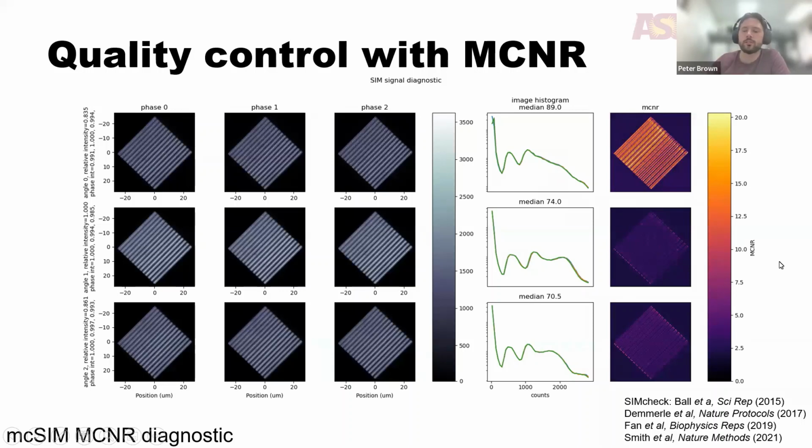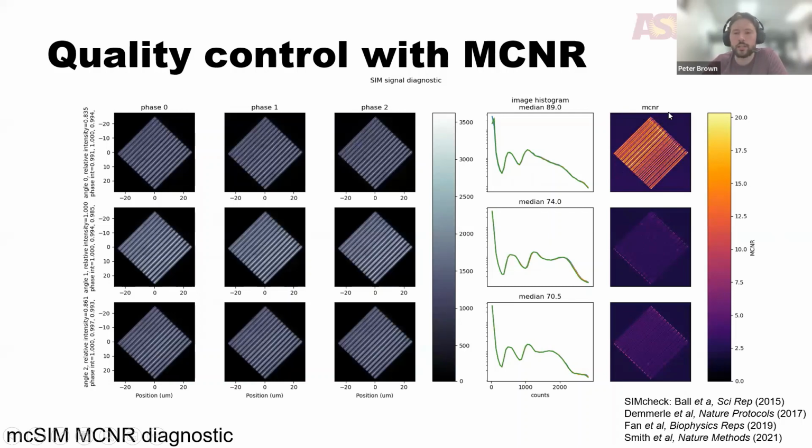This also illustrates another important fact about the MCNR, which is it is not a quantity that's purely determined by the SIM pattern. It's determined by both the SIM pattern and your sample spectrum. So the reason that the MCNR is so much larger for this angle compared with the others is because this particular sample has frequency components that are relatively near the SIM frequency for this period.